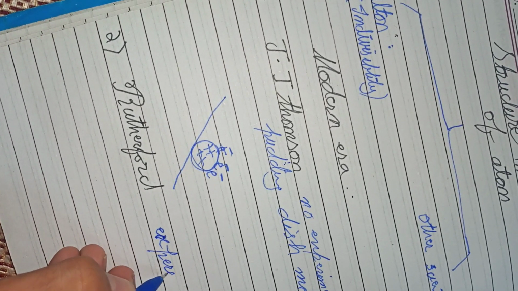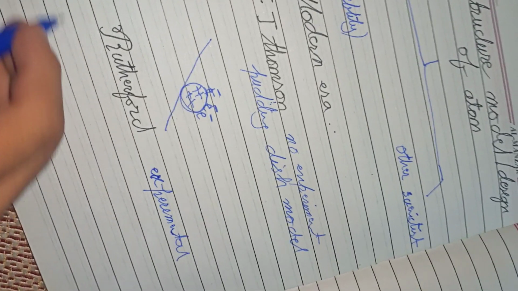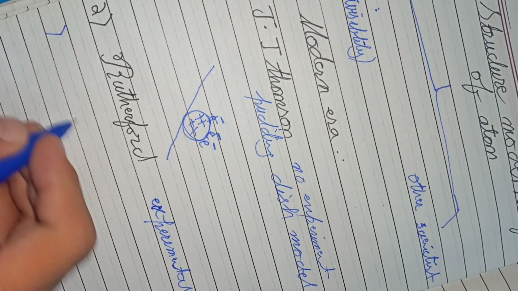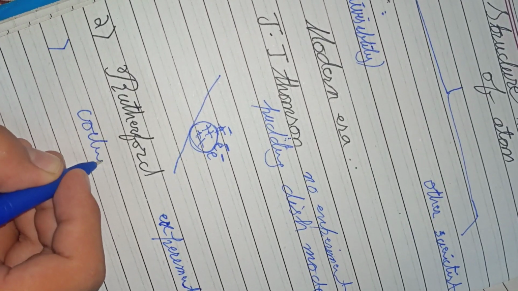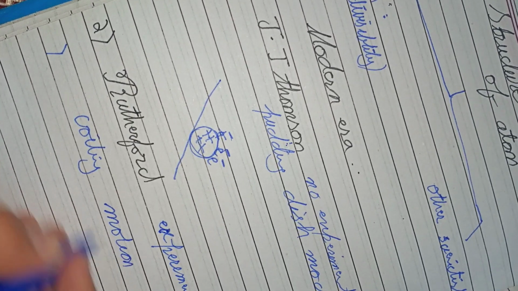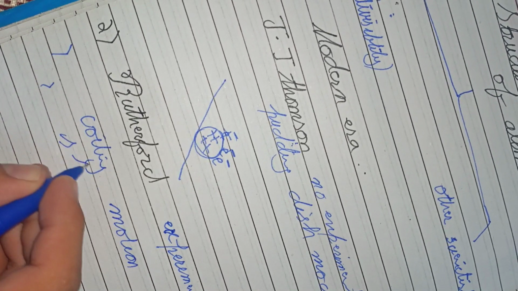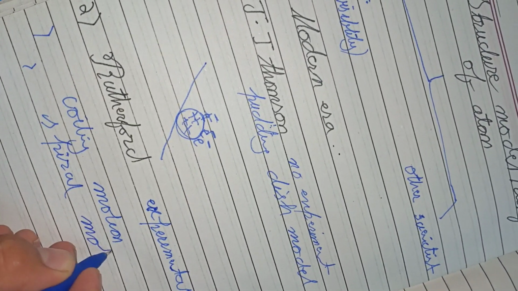His theory was called coiling motion, or spiral motion. You guys will be asking why we are using spiral motion.